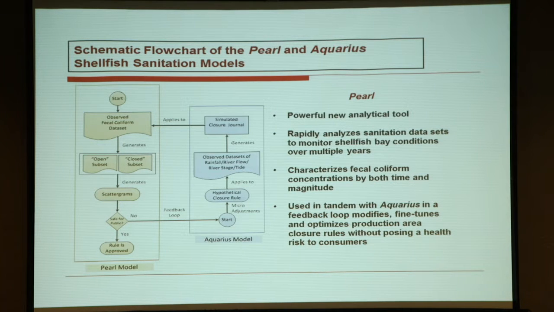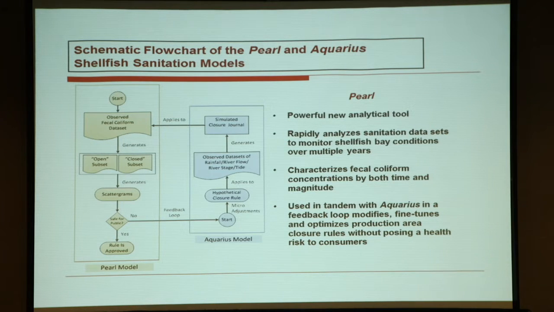Recently, we merged Aquarius and Pearl into a single application that we renamed Pearl. It is a more powerful application for managing shellfish growing areas and can be demonstrated by this simplistic diagram. Starting at the top left, the Pearl algorithm rapidly analyzes raw sanitation data sets to monitor bay conditions over multiple years and plots fecal coliform concentrations by time and magnitude in both tables and scattergrams.